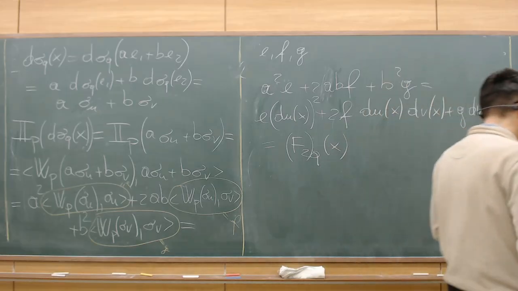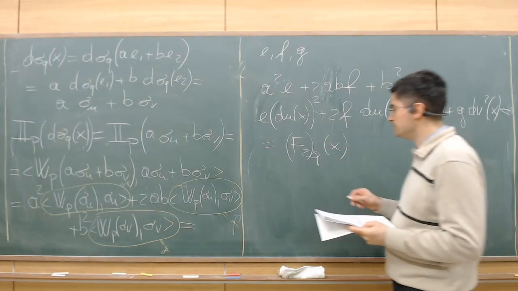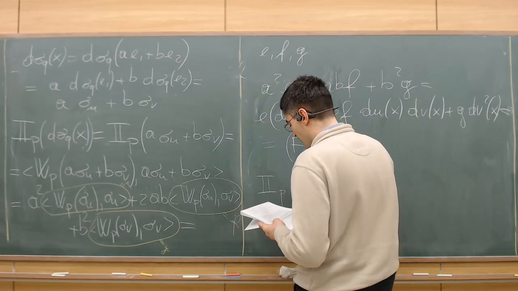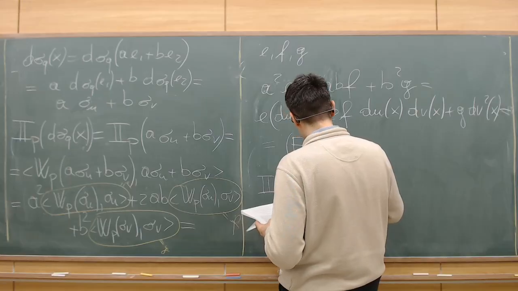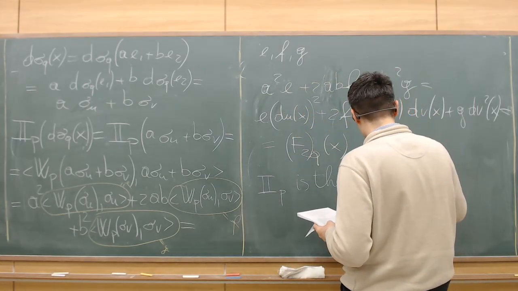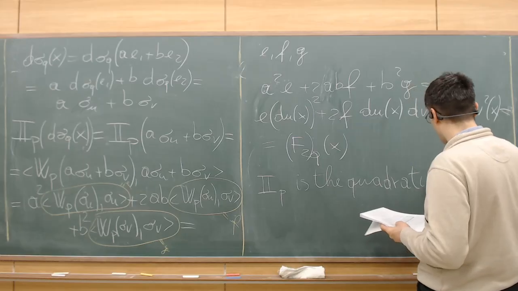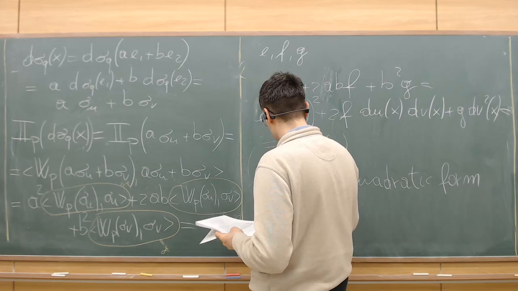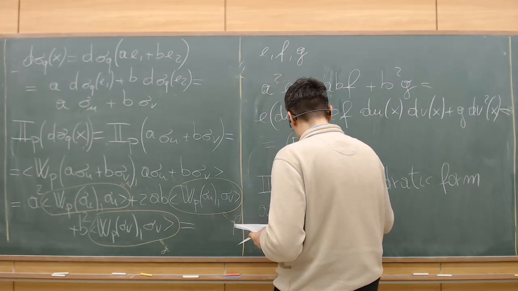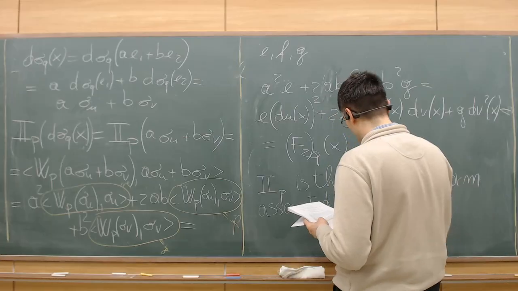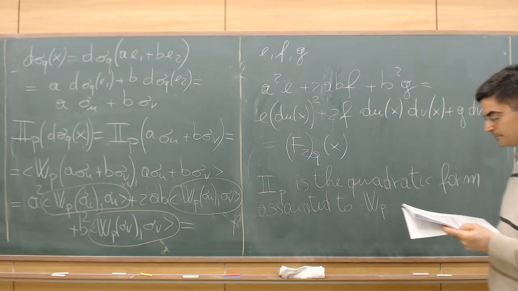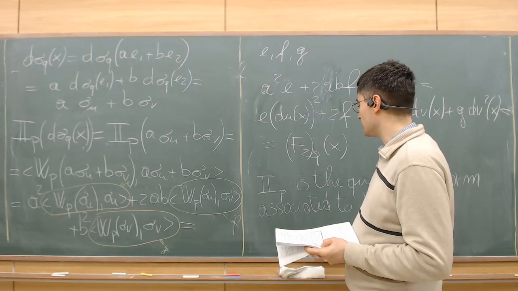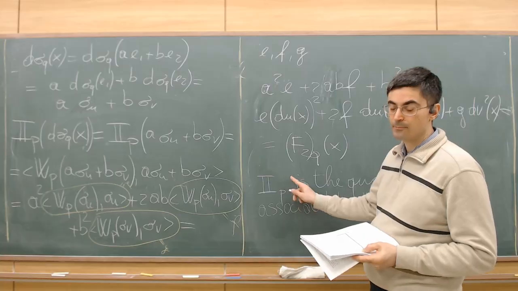Okay, now I want to recall the following fact. The second fundamental form, second P, is the quadratic form associated to WP, the Weingarten map, and we already showed in the past that they provide us with the same information.